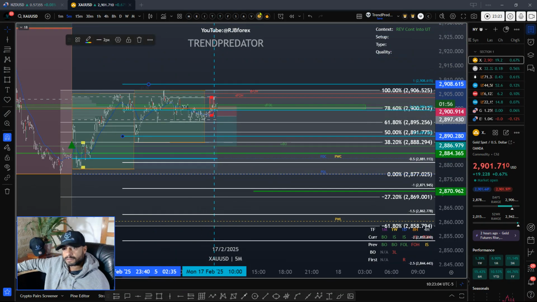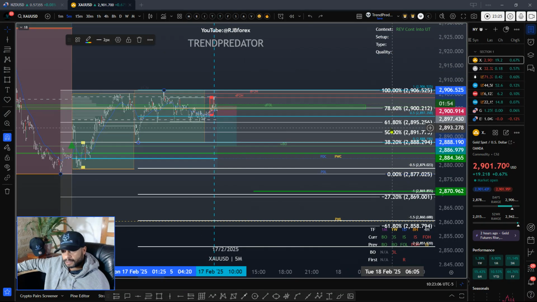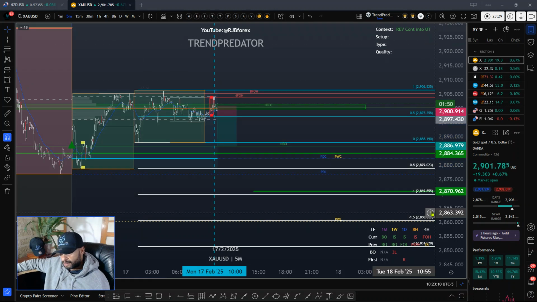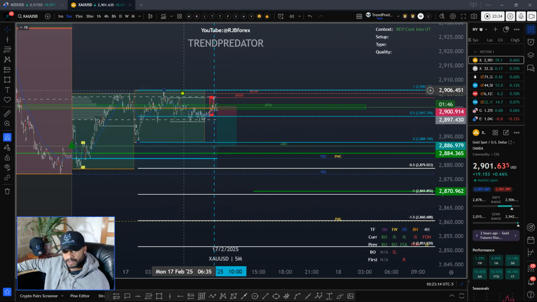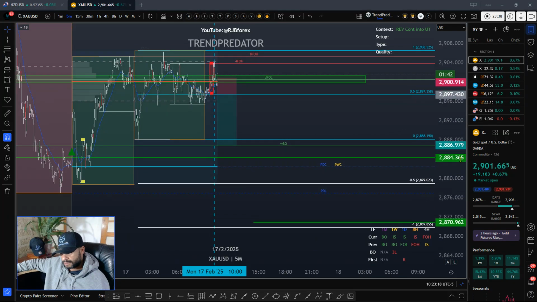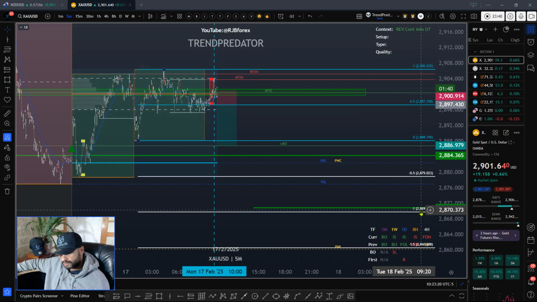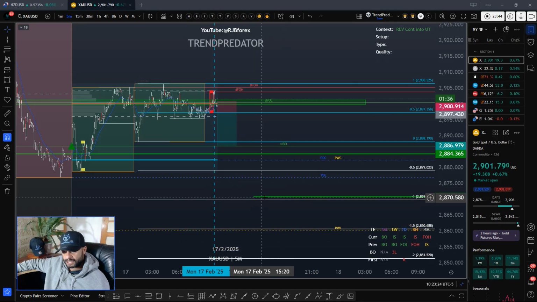Oh, that's done that wrong, sorry. Does that get rid of it? Yeah. So there you go. The 100% range expansion of that session comes in pretty much bang on 2869 again. So that could be a nice target, confluence level.